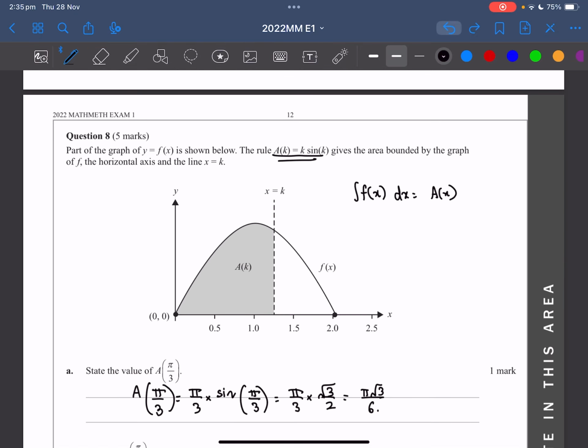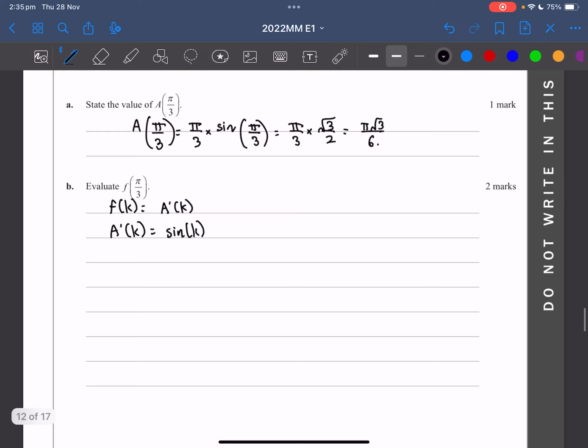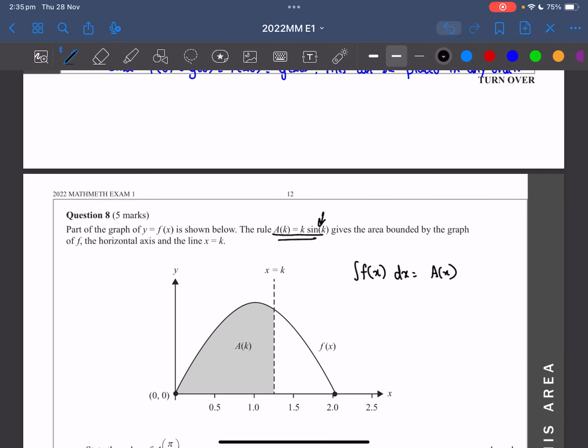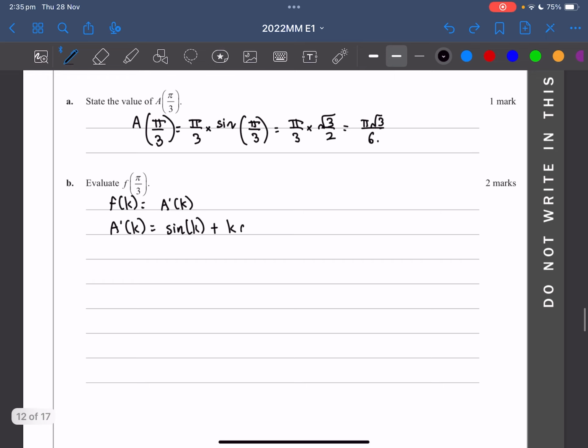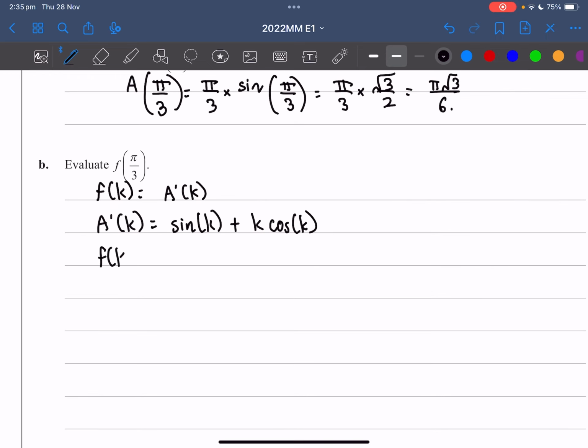For the area differentiated, we just have to apply the product rule. We differentiate the first term, which just gives us sine k, plus leave the first term as it is and differentiate the sine, so we get cosine, so k cosine of k. So that over here is going to be our f of k. So f of k is equal to sine k plus k cosine of k.